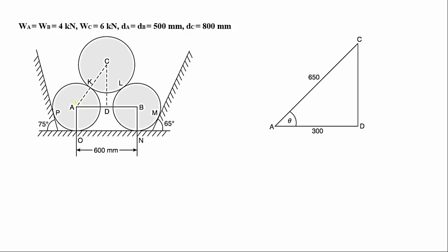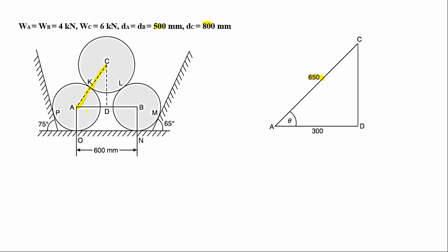If you see this triangle A, C and D, the diameter of this sphere is given as 500 mm, so the radius will be 250 mm from A to K. Diameter of C is 800 mm, so the radius will be 400 mm. So total AC will be equal to 650.